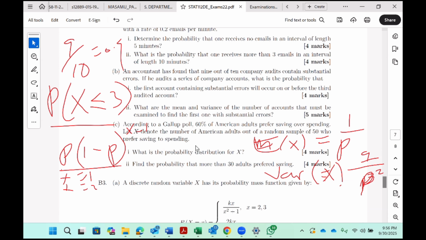That will give you your variance. If we know this, we don't have a problem. So our question B(ii) is also solved. Then we go to C.